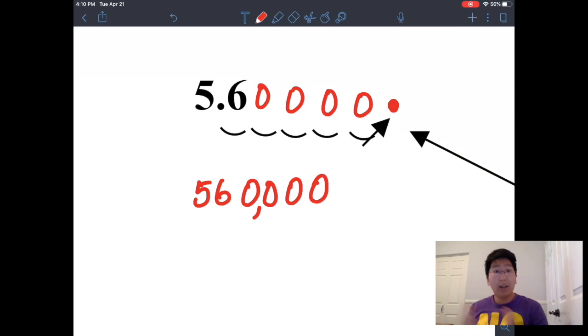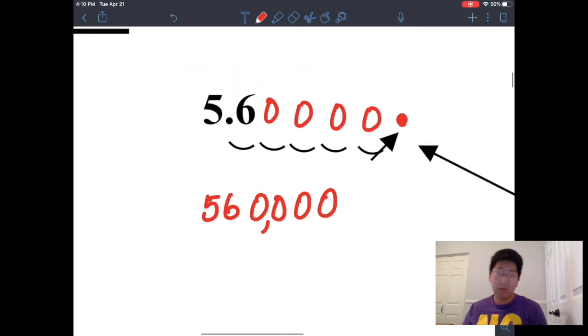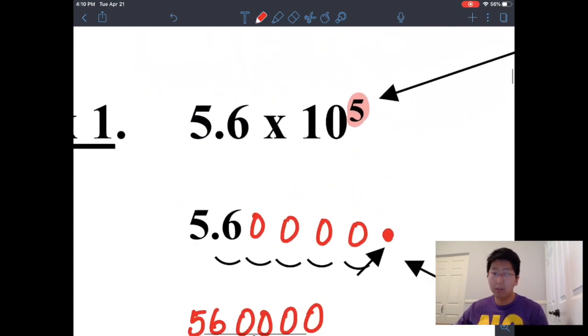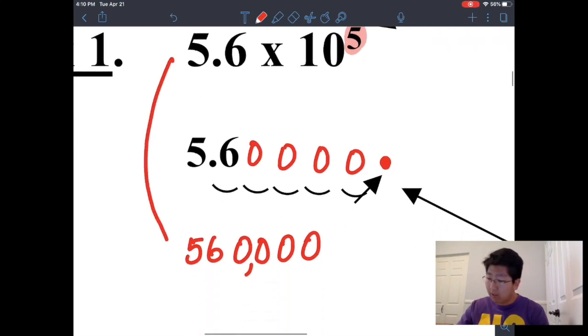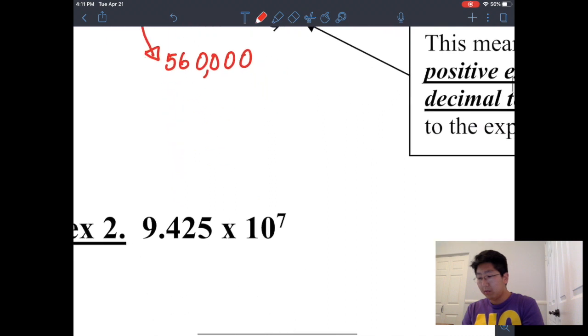Okay, so right now what we're doing is we're taking this number 560,000, or really we took it from scientific notation and put it in standard form, meaning just regular numbers, no scientific notation. Okay, so 5.6 times 10 to the 5th is the same thing as 560,000. Okay, so let's do another example.